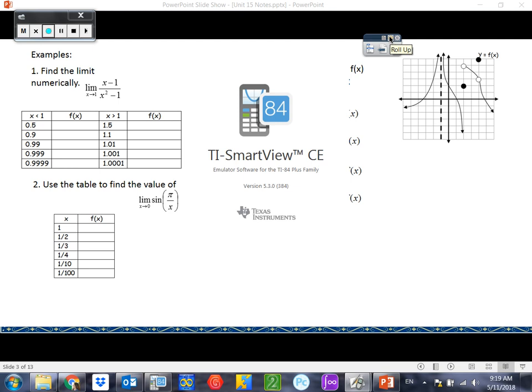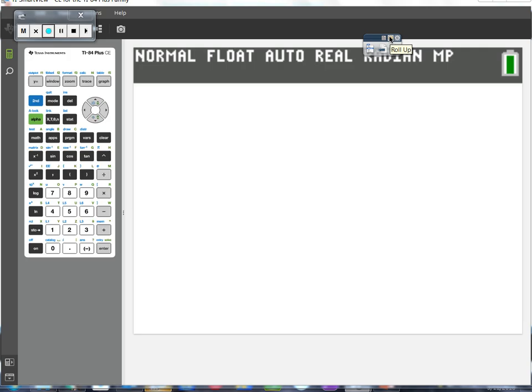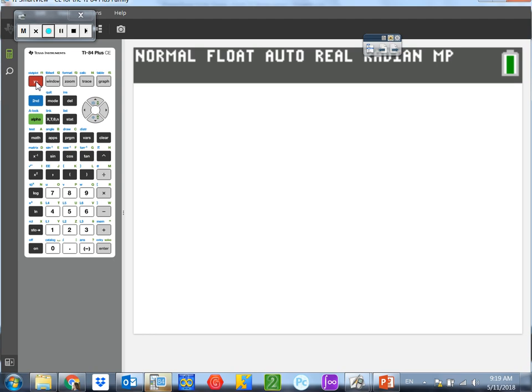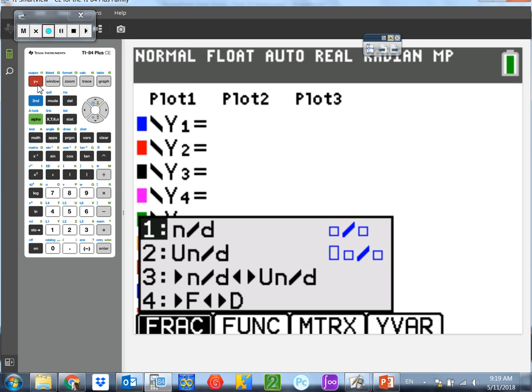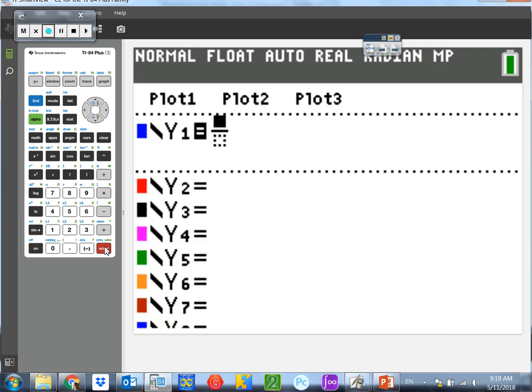What we do is put that equation that we saw over there, x minus 1 over x squared minus 1, in y1. So alpha y equals, enter is giving me a fraction bar. Then I'm going to put x minus 1 in the numerator, and in the denominator, it's x squared minus 1.